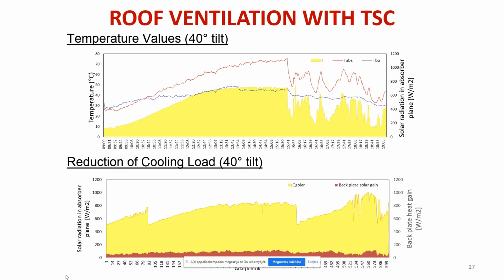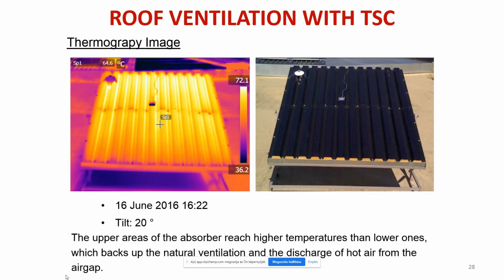And what you see in the picture below is the solar radiation of many days, and the red area down there is the heat gain of the backplate, and it always remains below 200 watt per square meter, although in some cases the global radiation measured in the plane of the absorber reaches almost up to 1000 watt per square meter.